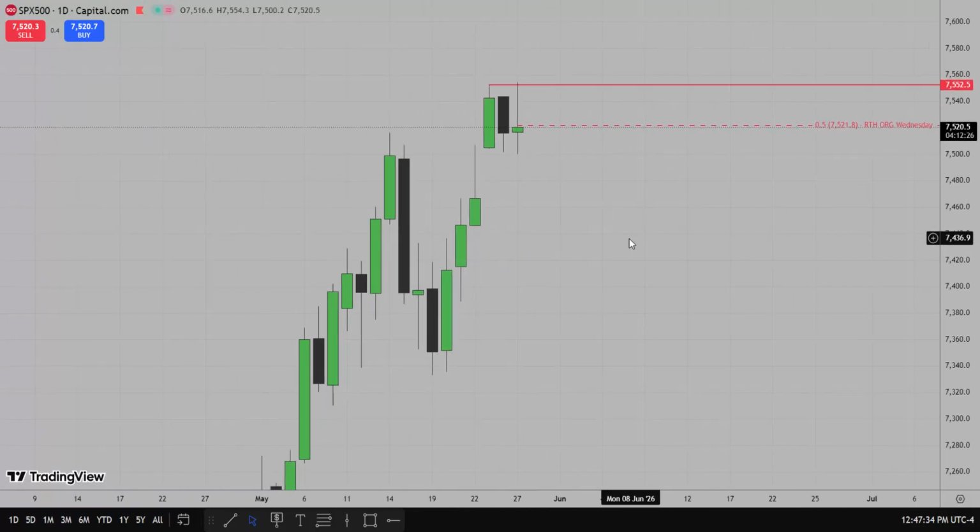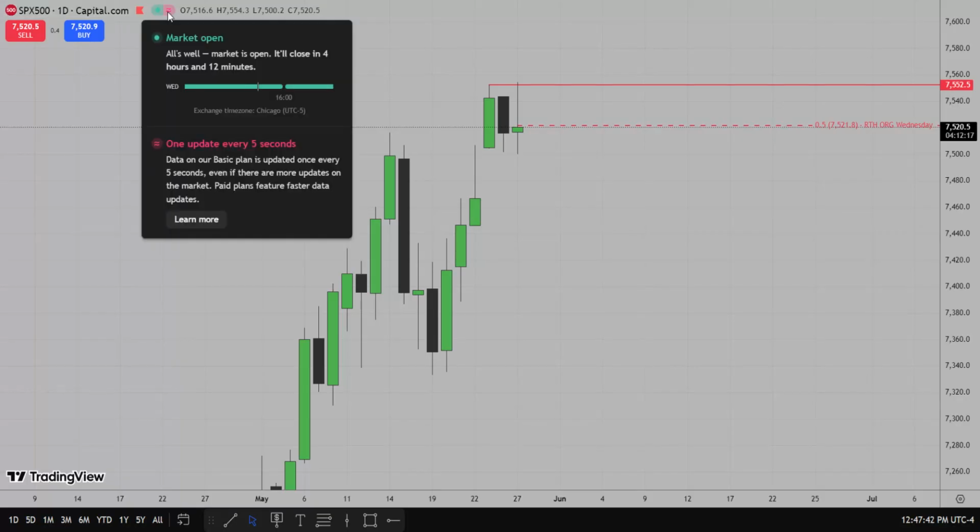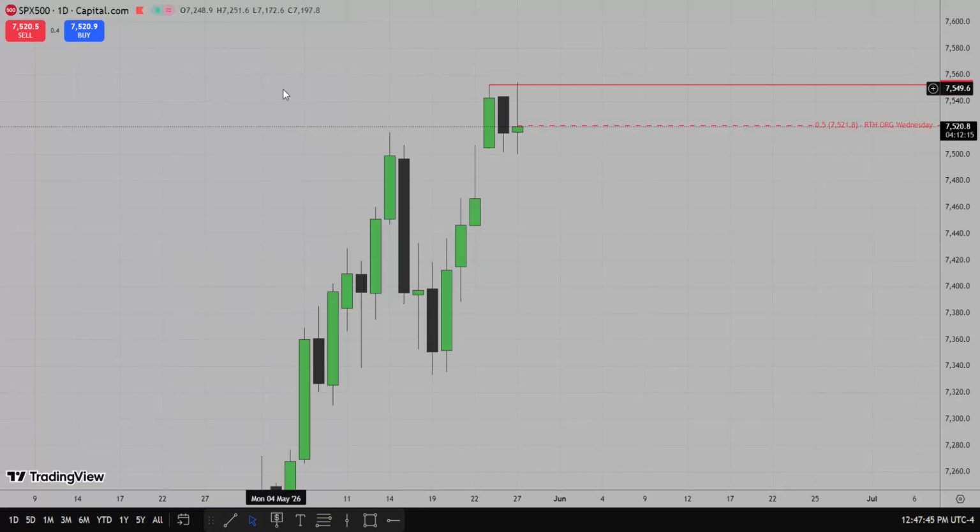The chart you're seeing here is the ES SPX 500. It's from capital.com. There are some things that I have been observing deeply about the market, and that is the liquidity concept. Okay, so I come to understand that liquidity is not only above highs and below lows.